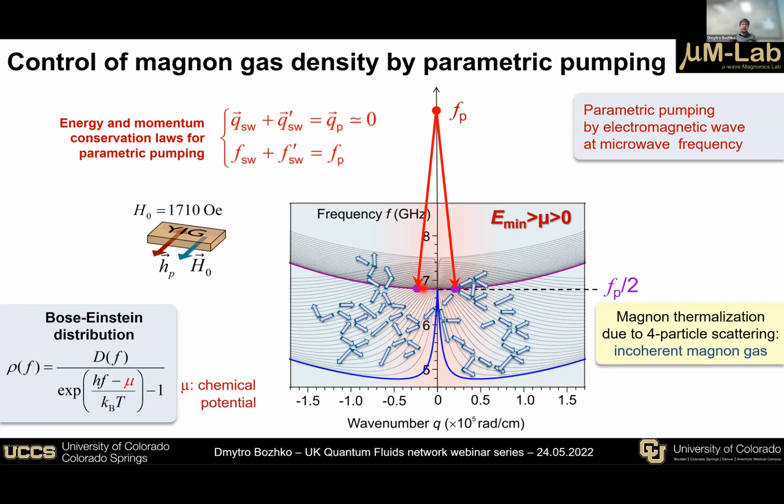This nonlinear scattering causes the magnons to scatter over and create an incoherent magnon gas. This process conserves the number of magnons, so within the damping time of the decay of the magnons, we consider our system as a system with a conserved number of particles.